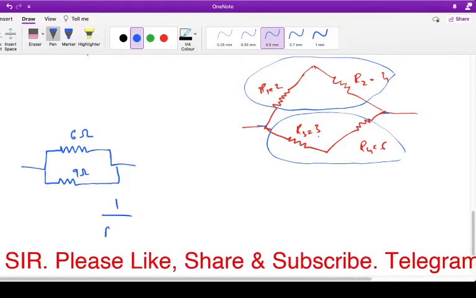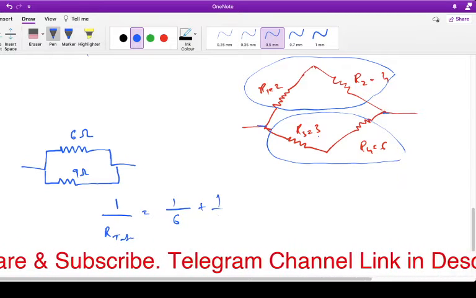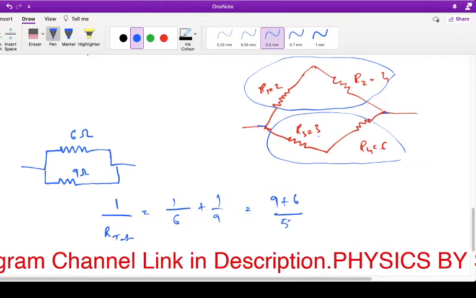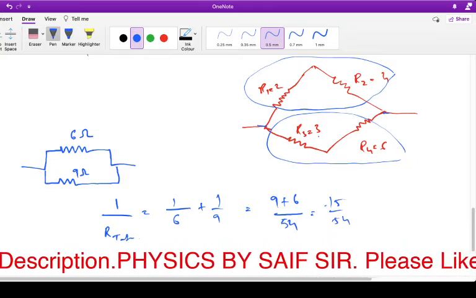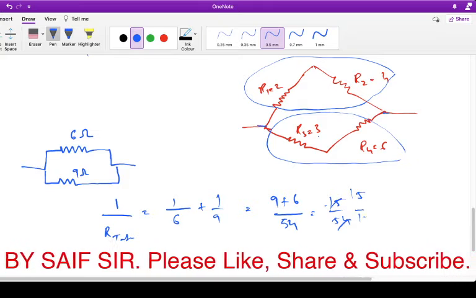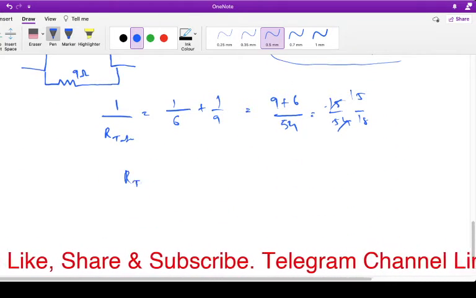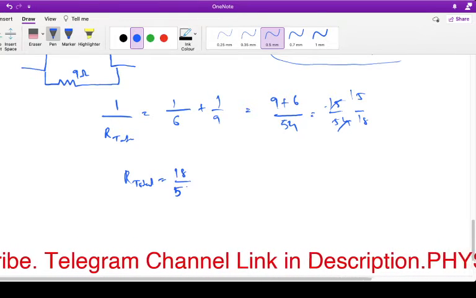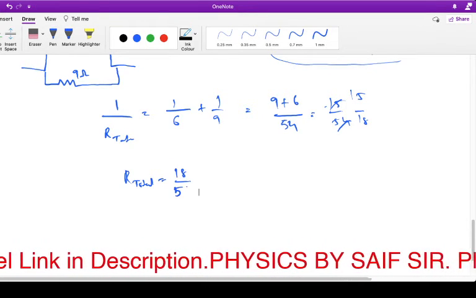So you can find with the basic formula, 1 by R total is equal to 1 by 6 plus 1 by 9 ohm, which gives you 9 plus 6 by 54, 15 by 54, okay, which will become 5 by 18. We have to invert. R total is equal to 18 by 5. So by using this Wheatstone bridge you can solve this problem.